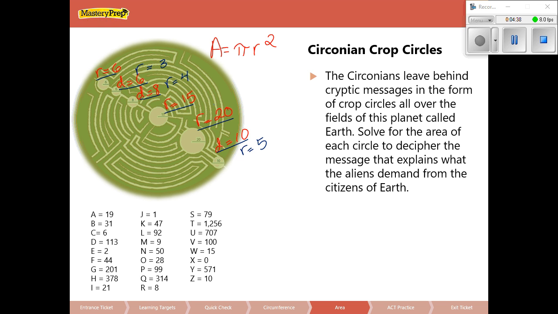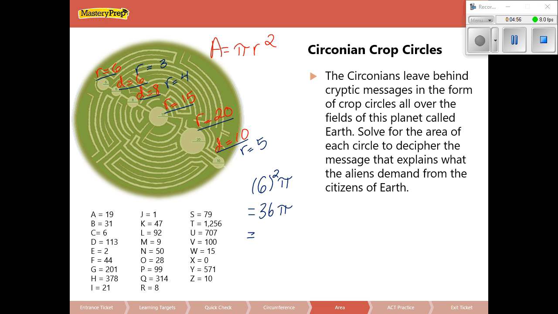So, when we look at each one of these here, the first one that we have is radius is 6. So that would be what? 6 squared times pi. And 6 squared is 36 pi.